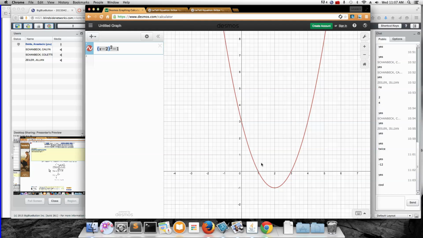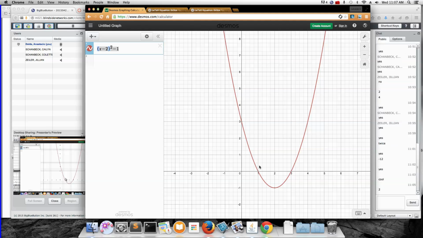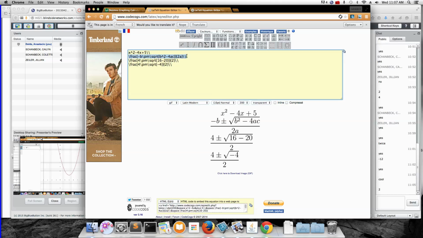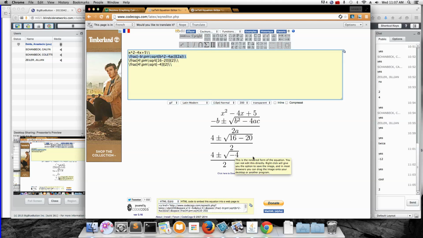How many times will it cross the x-axis? Twice. Very good. If b squared minus 4ac was a negative number, like this one, how many zeros do you expect to find? How many solutions do you see? None. You can't find any because the graph doesn't cross the x-axis.